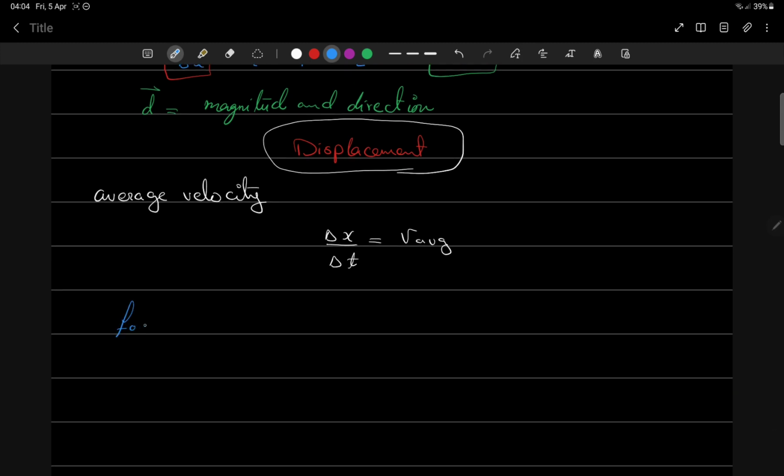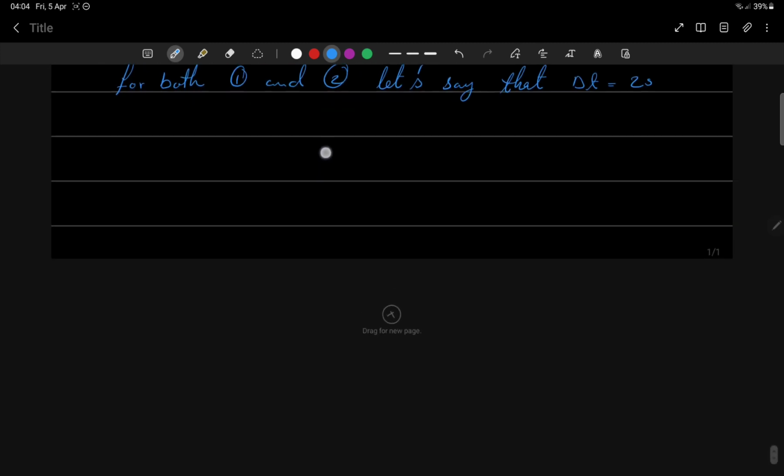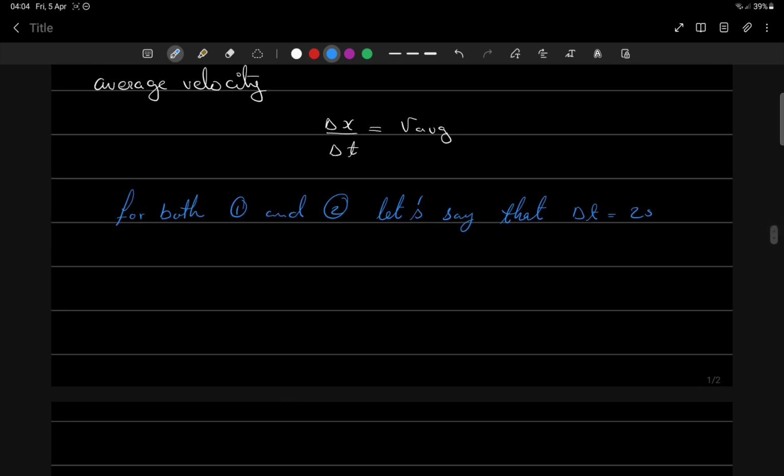So for both 1 and 2 in the previous example, let us say that delta t equals 2 seconds.